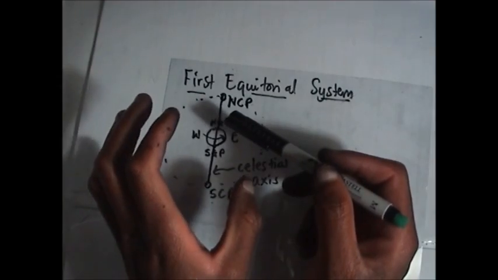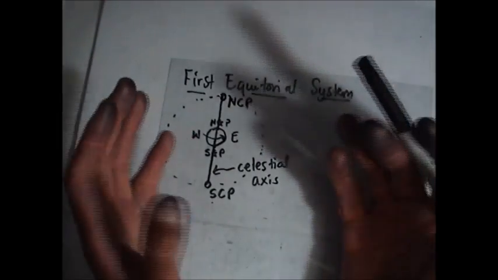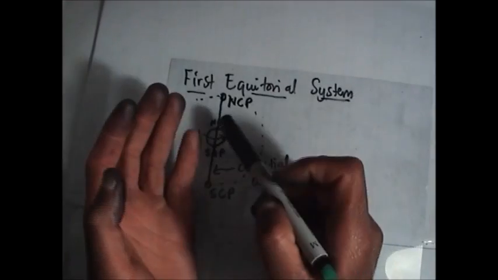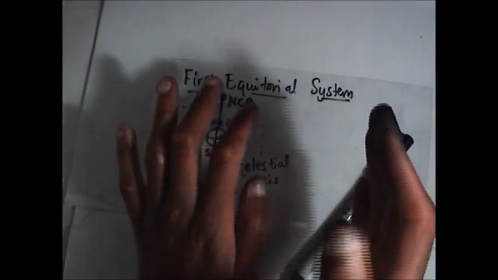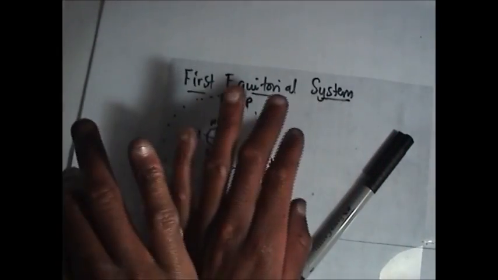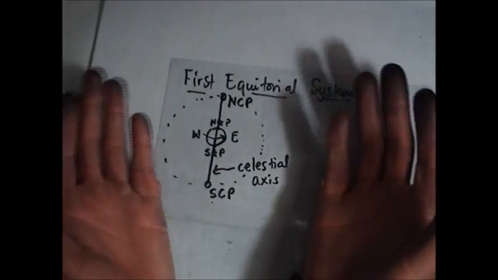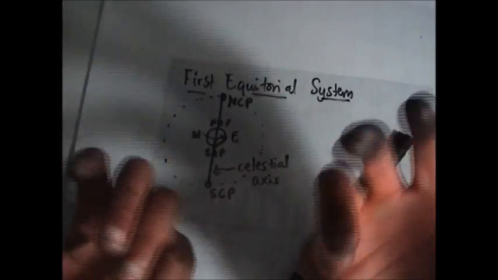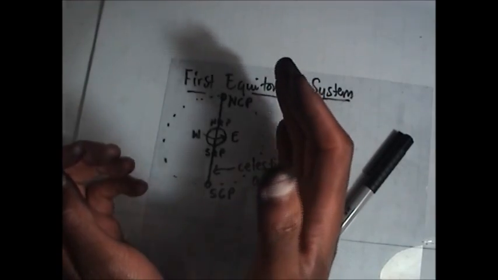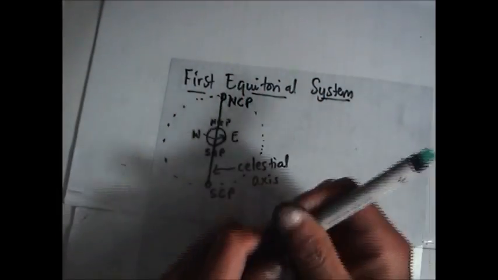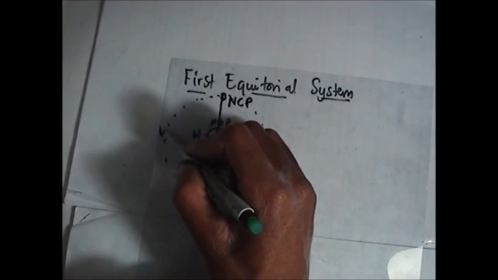But due to what I termed the layman's third law of motion of Newton, as the Earth is rotating from west to east, the celestial sphere appears to be rotating from east to west. I'm just applying Newton, but it doesn't really apply. I'm just trying to explain that for every action there's an equal and opposite reaction. The Earth rotates like this, and the celestial sphere appears to be rotating in the other direction, from east to west.